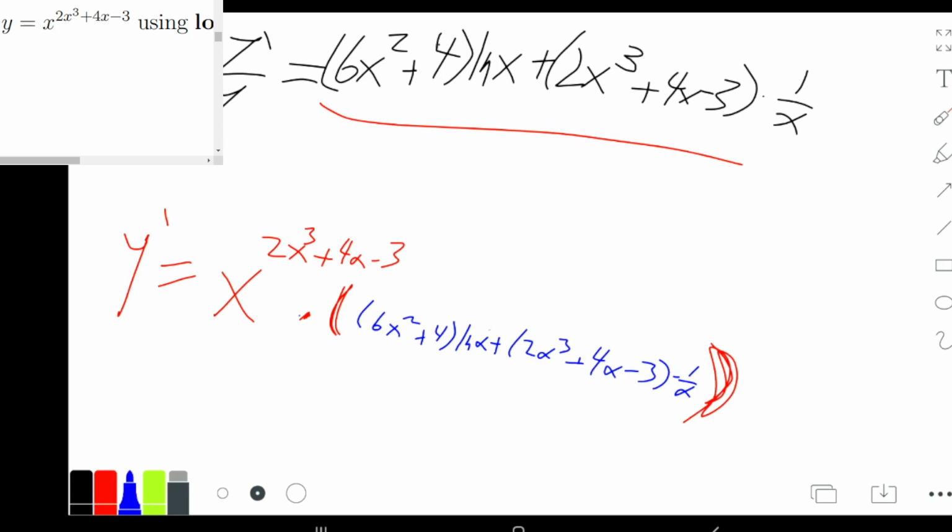This is a times, not a minus. So I can just write 1 over x. That's what it means. Anyway, that's our derivative. We do have a plus sign.